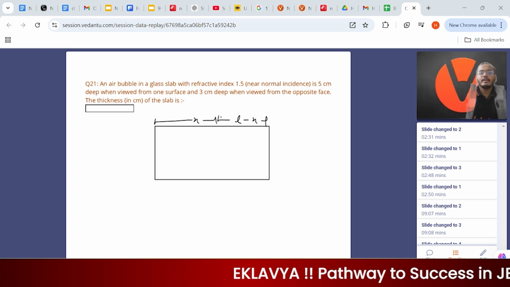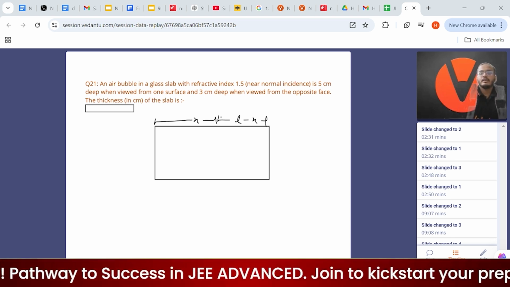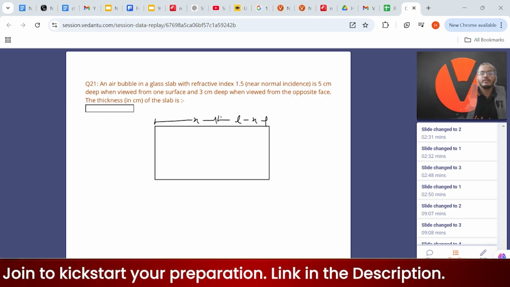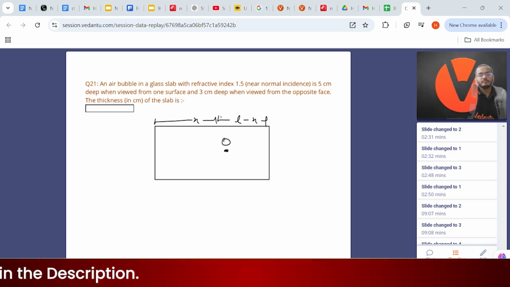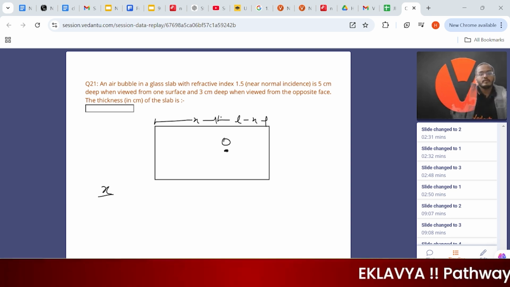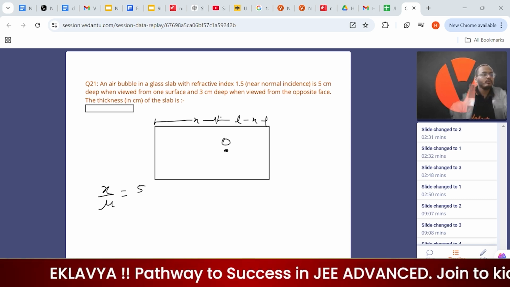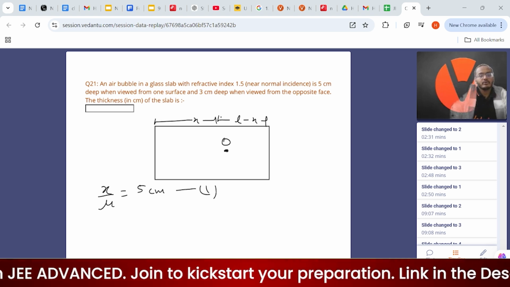An air bubble in a glass slab with refractive index mu, at near normal incidence, is 5 centimeter deep when viewed from the surface. Now let's say this is a point O. Now x by mu will be equal to 5 centimeter. That is going to be our first equation.